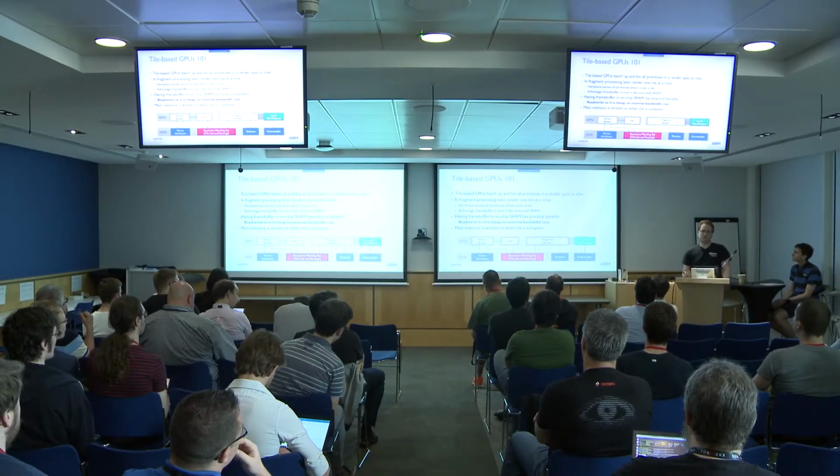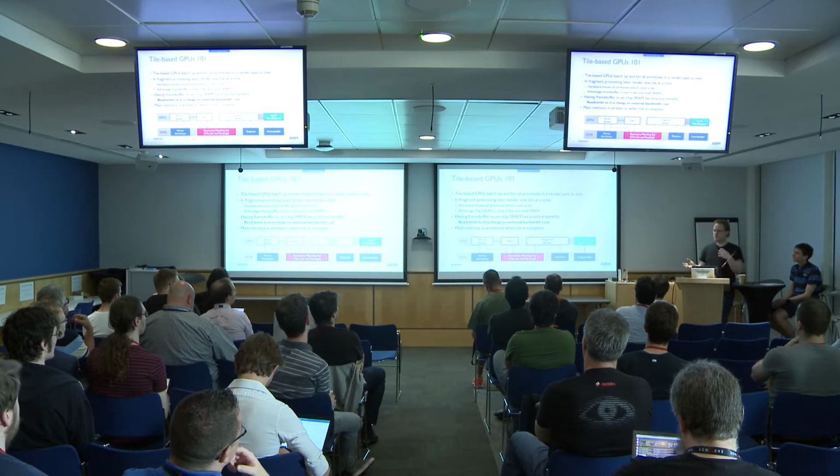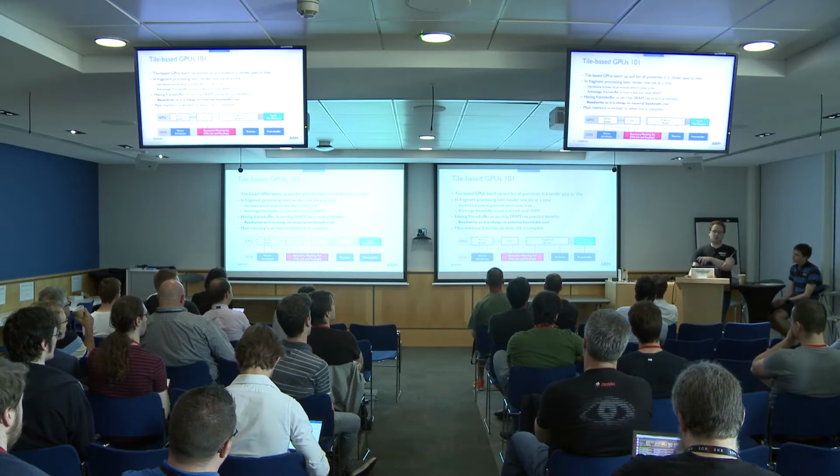So to summarize tile-based GPUs, in case you've not really worked with mobile GPUs before, the main idea is that rendering is split up into 2 stages. We have to batch all the geometry up front, and we do all the vertex shading and the binning and tiling up front. Now, after the geometry stage is complete, everything is written out to main memory. And this is essentially a data structure which has assigned primitives to certain parts of the screen.